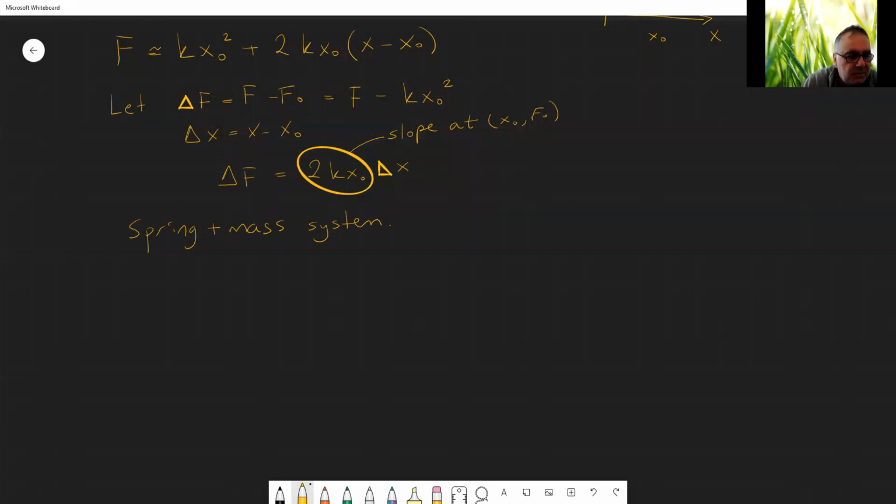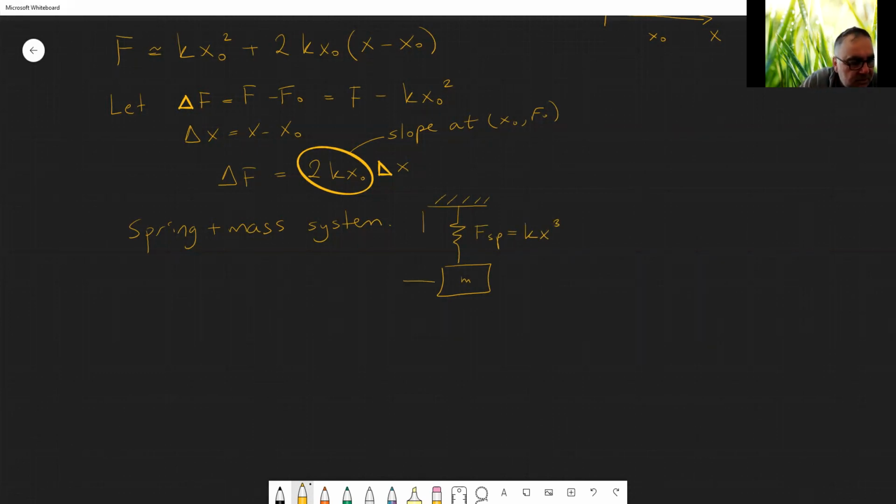For example, I will give you examples, okay? Again, let's say that you have a spring like this and a mass. But the spring force is, let's say, kx cubed, not squared, but cubed. Doesn't matter, I could have selected square as well.